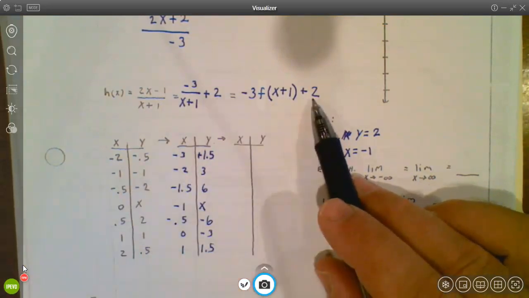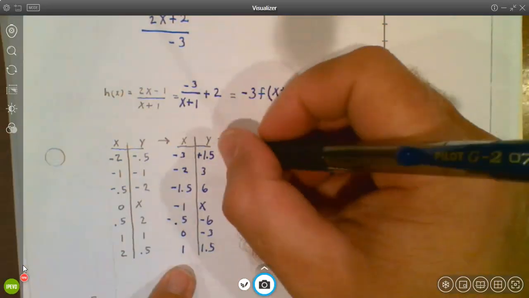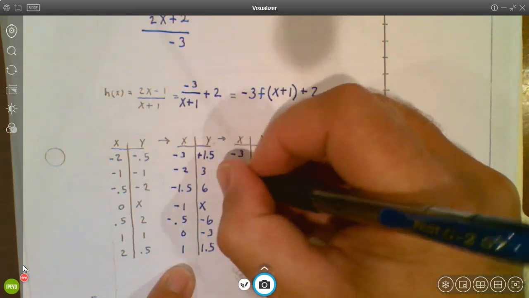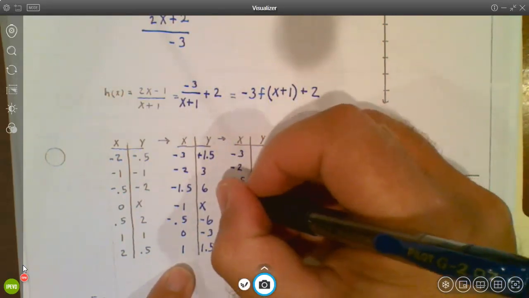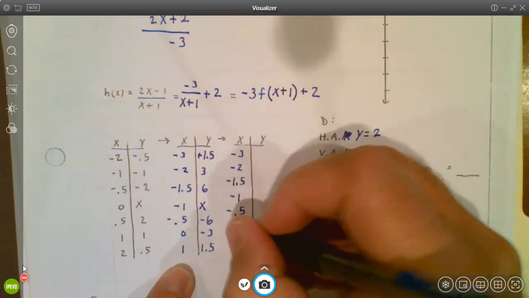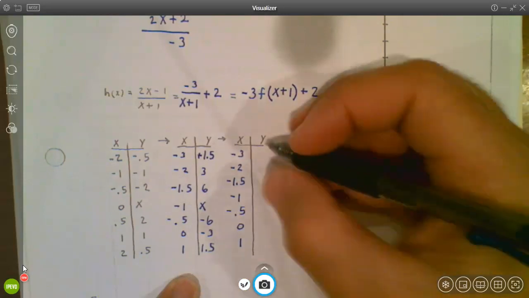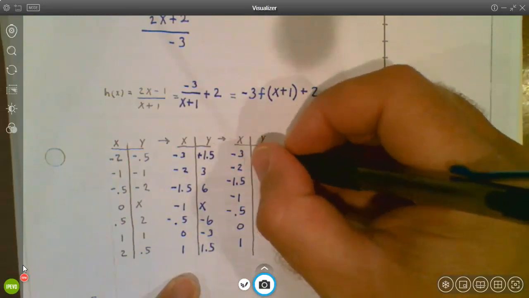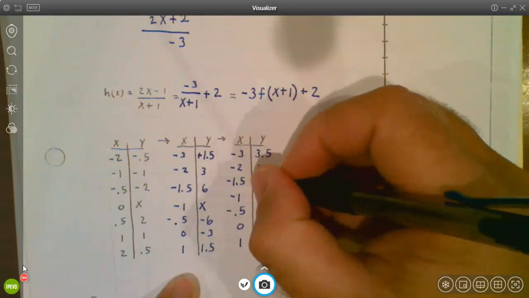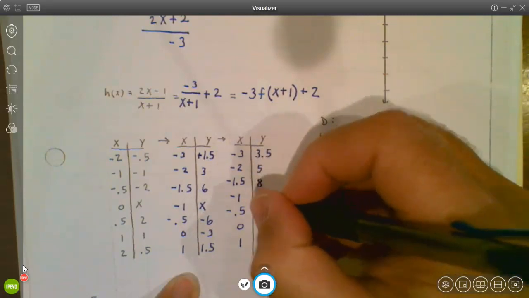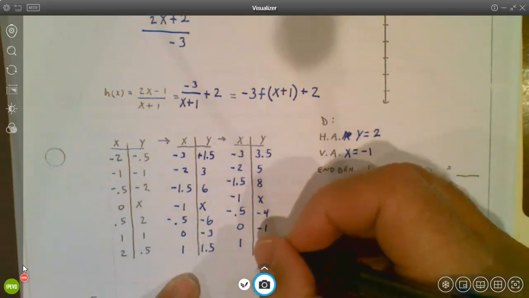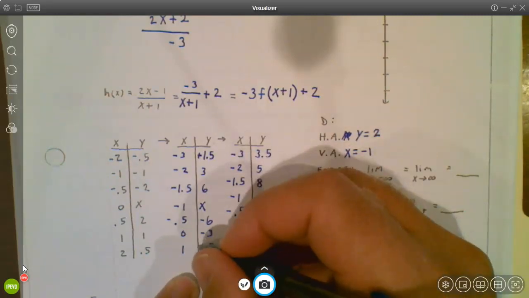Now I have to add 2 to my y coordinates to finish it off. So I'm just bringing over the x's, add 2 to my y's. That one was supposed to be negative, wasn't it?